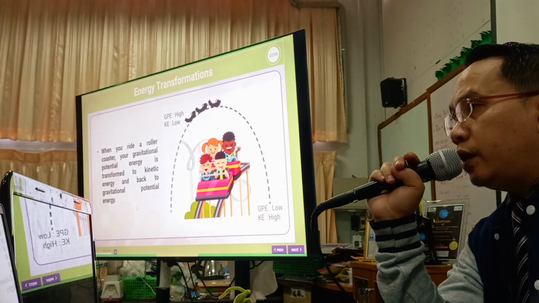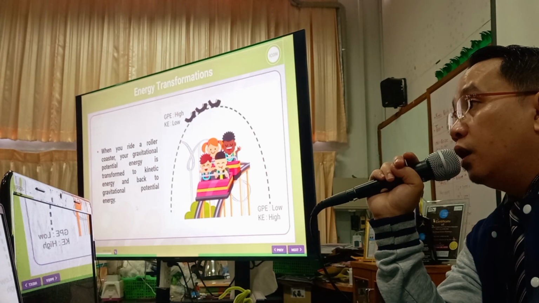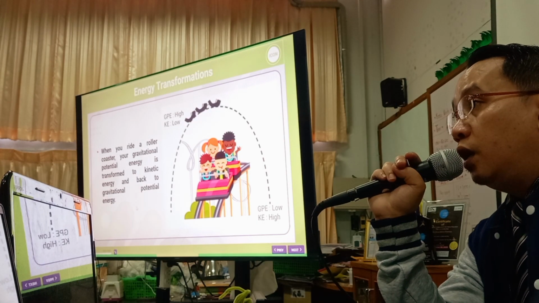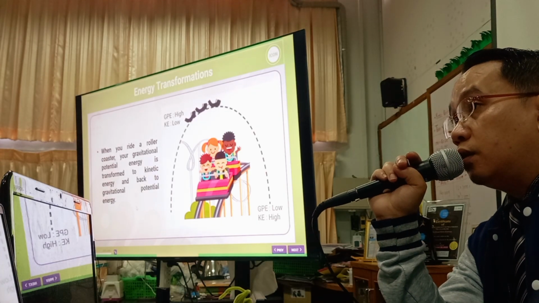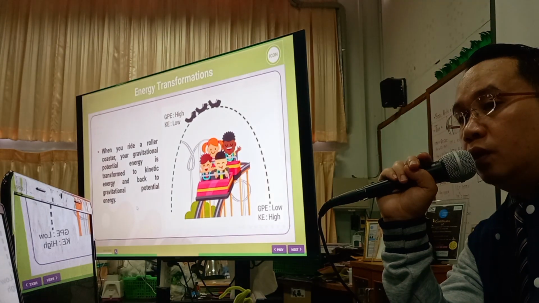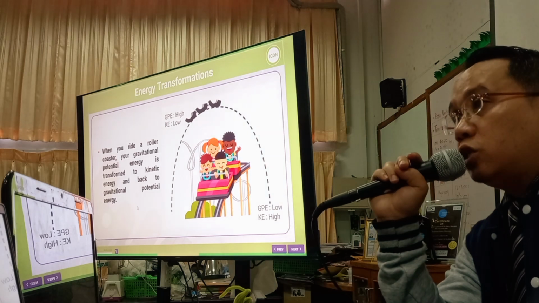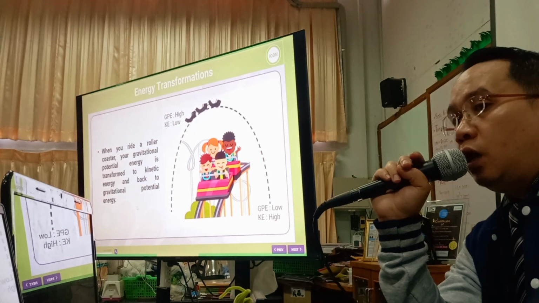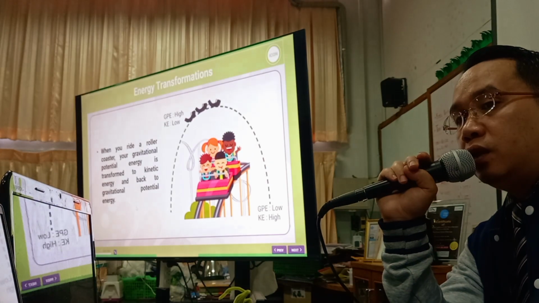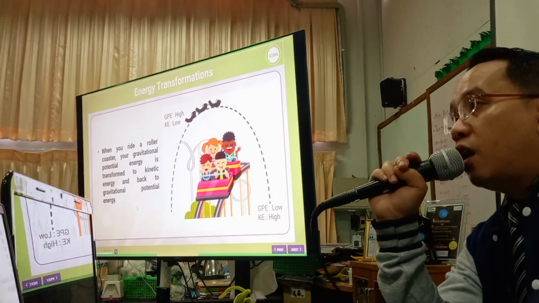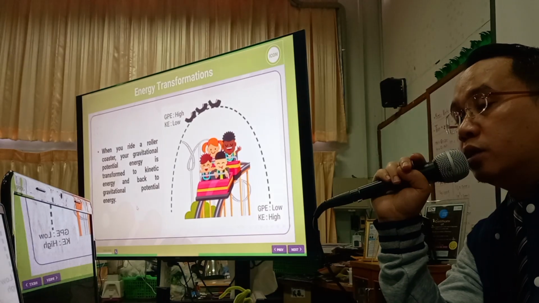Have you ever tried to ride a roller coaster? Some of you here, if you are interested or having fun at an amusement park. When you ride a roller coaster, your gravitational potential energy, or GPE, is high. It is further transformed to kinetic energy and back to gravitational potential energy as it slows down.